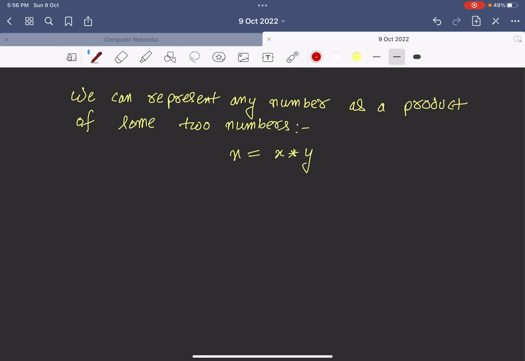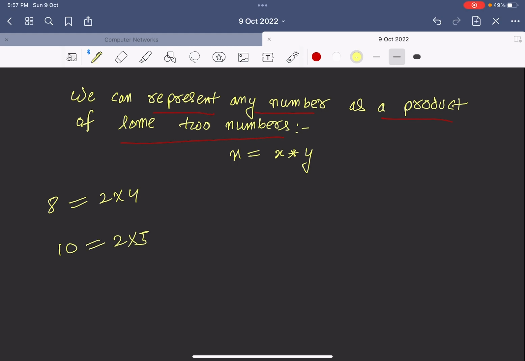So first of all, observe this fact that we can represent any number as a product of some two numbers, right? Let's say if I have the number 8, I can represent it as 2 times 4. If I have 10, I can represent it as 2 times 5.